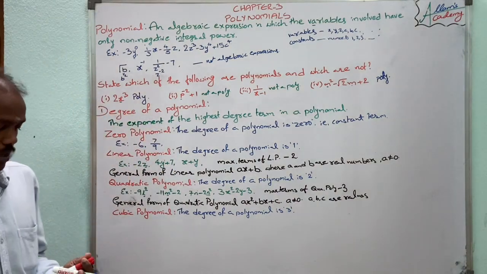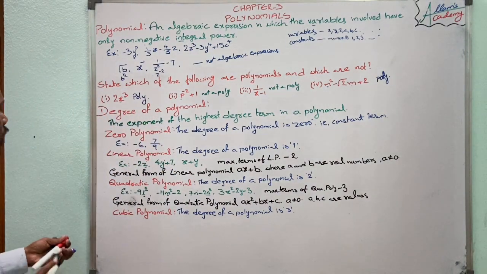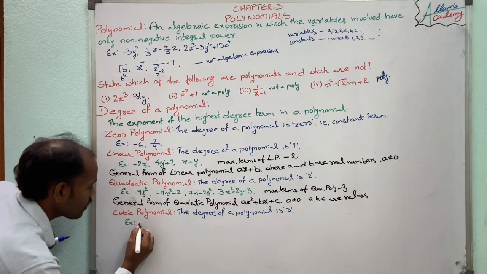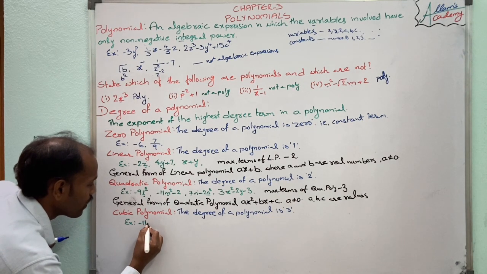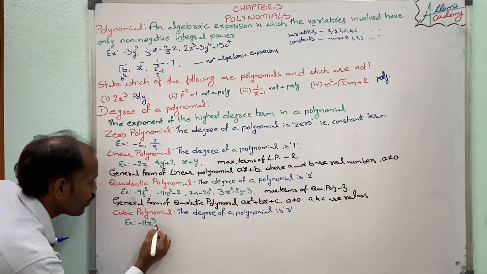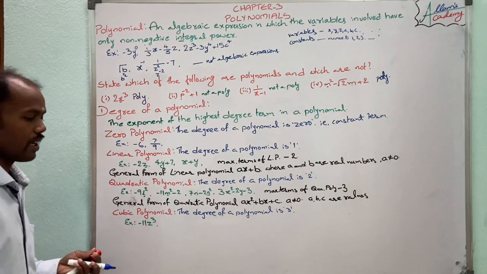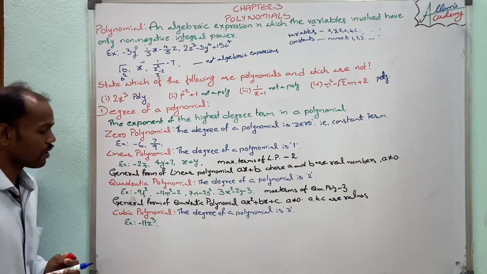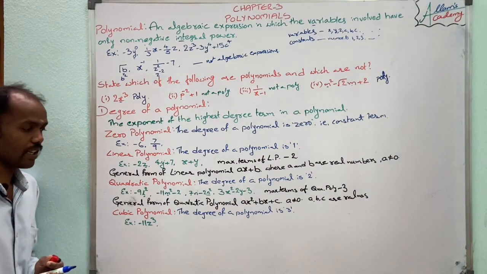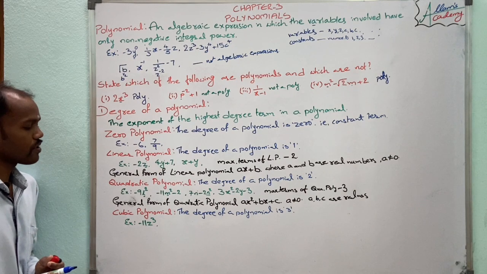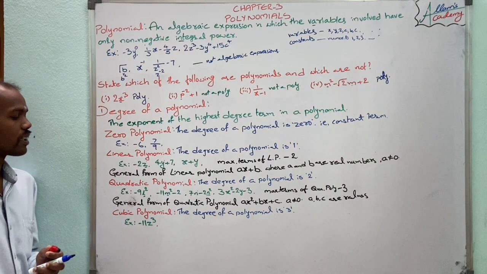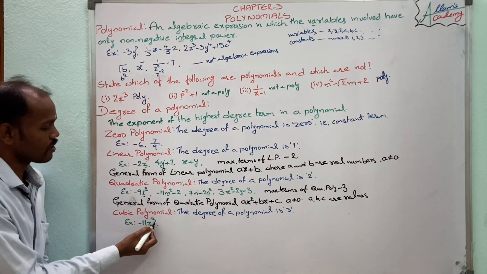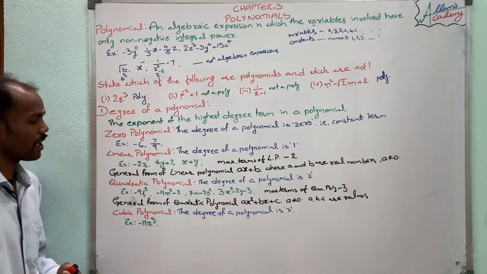Now we see some examples of cubic polynomials. Minus 11z cube. Now in the minus 11z cube term, the variable is z and it has the exponent 3. So the highest exponent is 3, so it is a cubic polynomial.